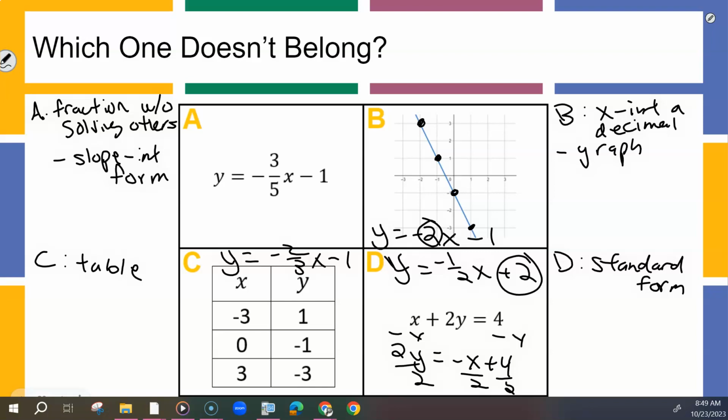Okay, so for different reasons, not just that it's positive, but it's also not negative 1. Anything else? Aiden, did you have a reason why one of these equations does not belong? A, because it doesn't have a 2 in the slope.